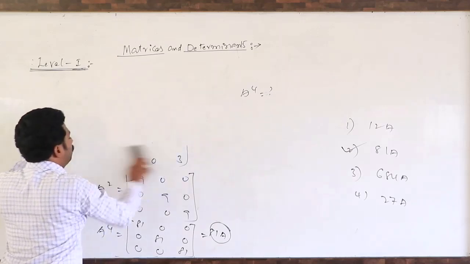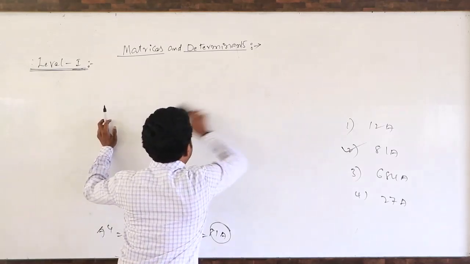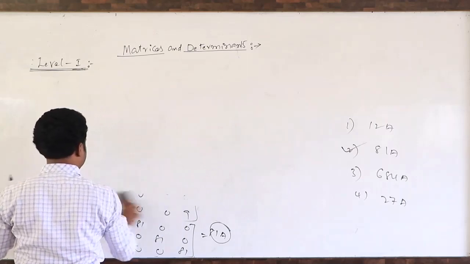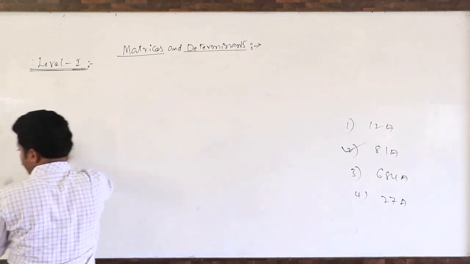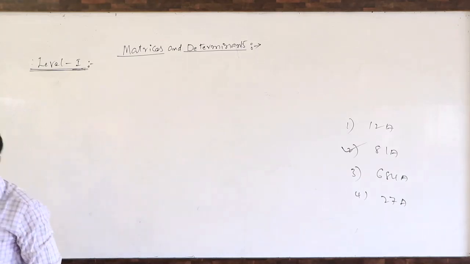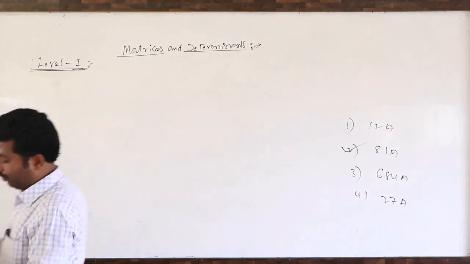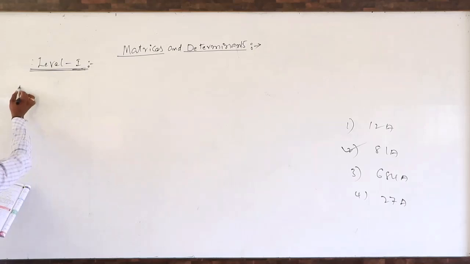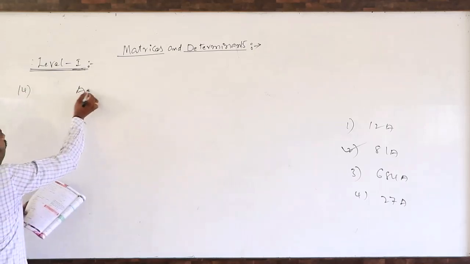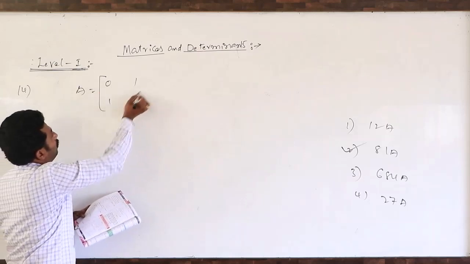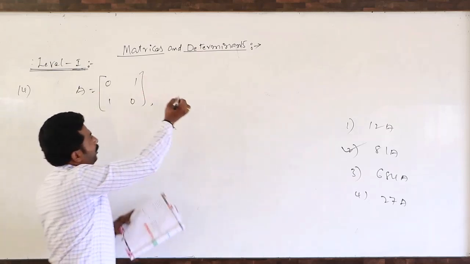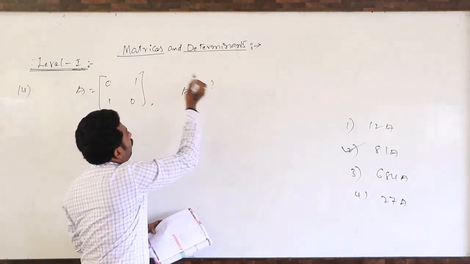Next question. If A equal to, 14th question, A equal to 0, 1, 1, 0, then what is A to the power 5?